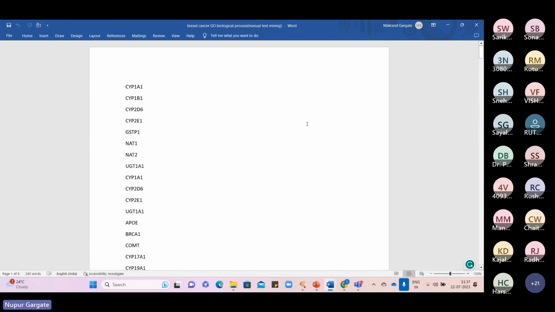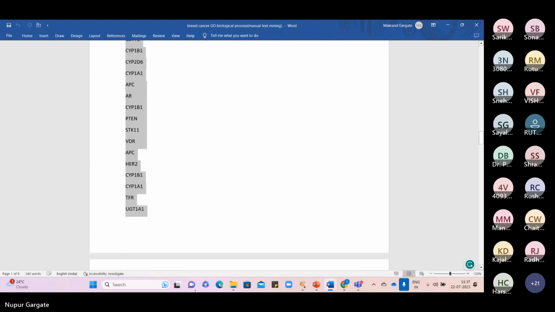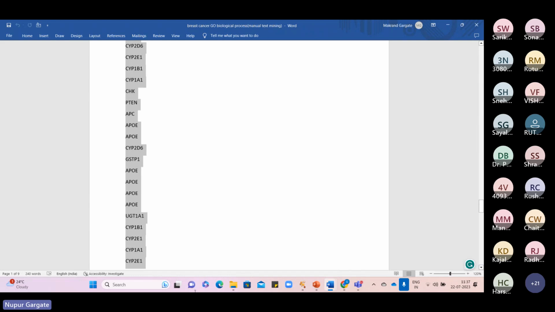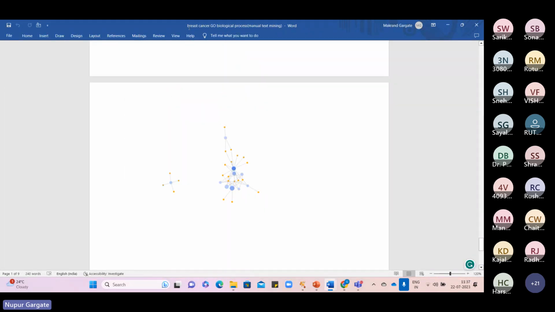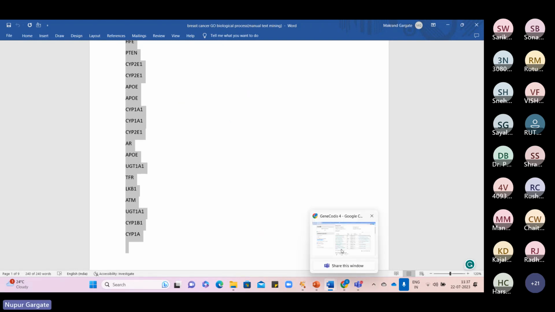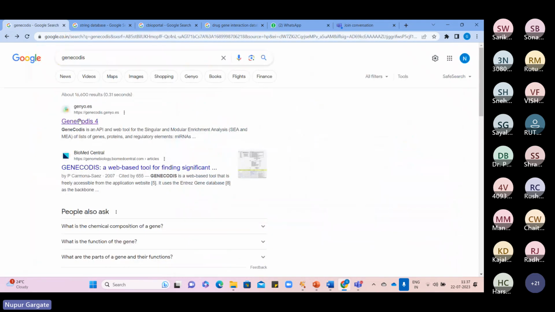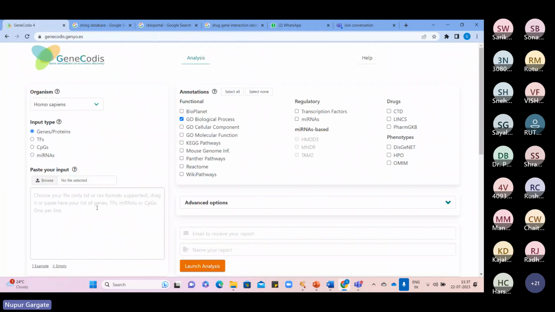Now to analyze it using KEGG, again we will select all these genes, we will copy and paste them again in GeneCodis. Now instead of GO Biological Process, here we will select KEGG pathways, and we will again say Launch Analysis.